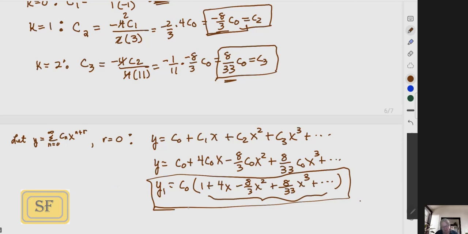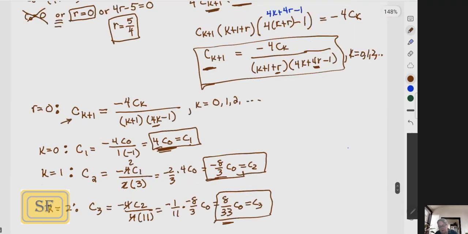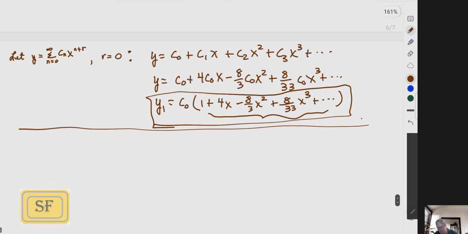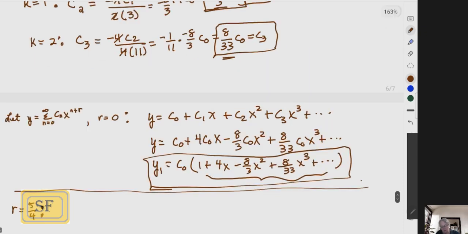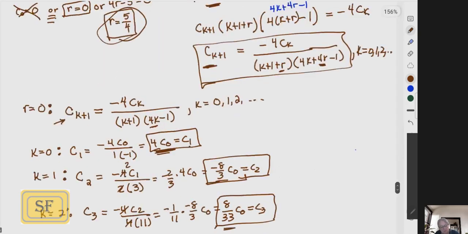And then our second solution comes from the r value of 5/4. So if r is equal to 5/4, then our recurrence relation, I'm just going to copy this.